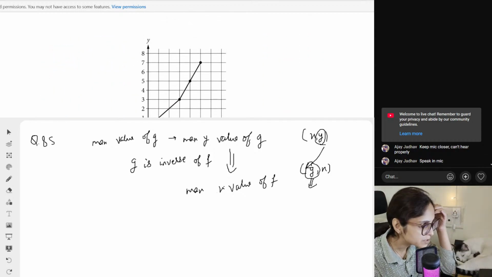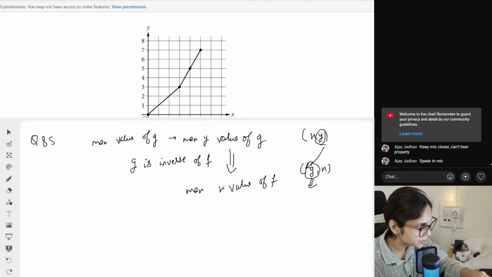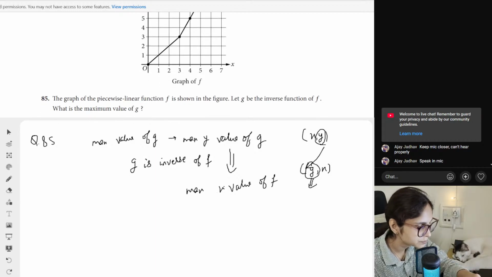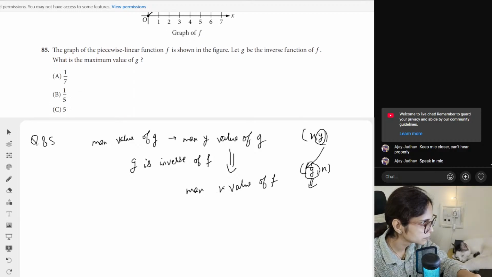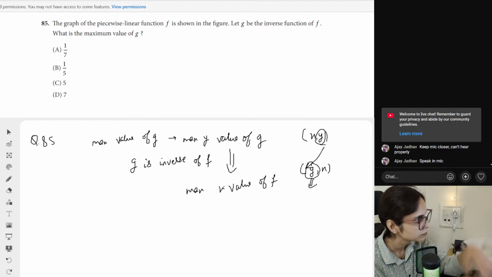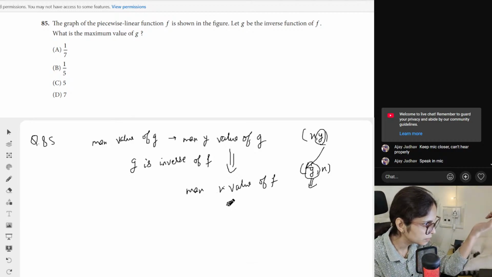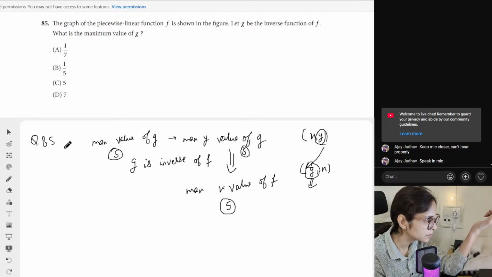The maximum x coordinate is 5, so the answer is 5, option C. Okay, so it is option C. And this is 5, and that is option C.